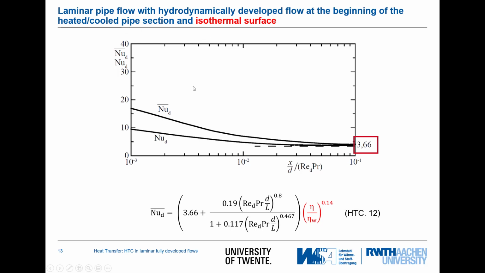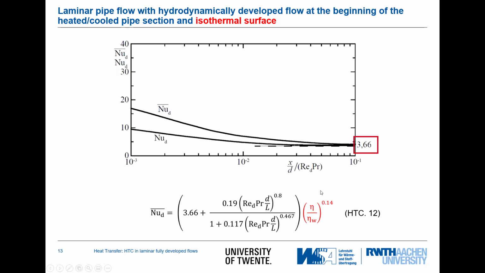So if we prescribe the temperature on the surface, then we see that the final value will be a little bit different, 3.66 for pipe flow, but also the complexity to calculate this value is a bit higher because we cannot a priori tell that the gradient of the temperature in axial direction is coupled to the heat flux and the flow of heat capacity. And in this sense, we can use the following correlation to calculate the Nusselt number for the conditions of a pipe flow with an isothermal surface.